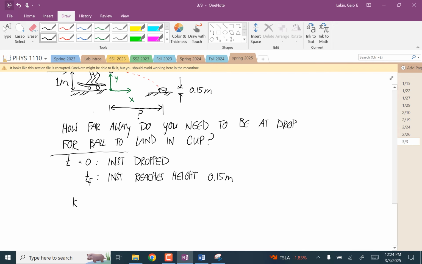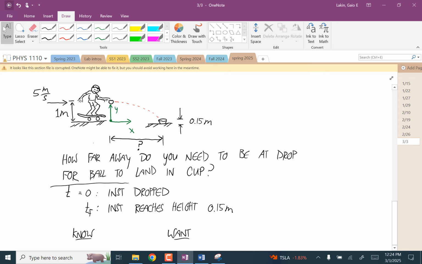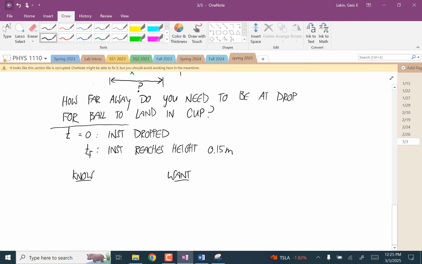Okay, so now do we know how long it's going to take? No, but we don't need that. I mean, we're not looking for that, so I'll leave it off for now. We do know the acceleration is going to be 0, negative 9.81.